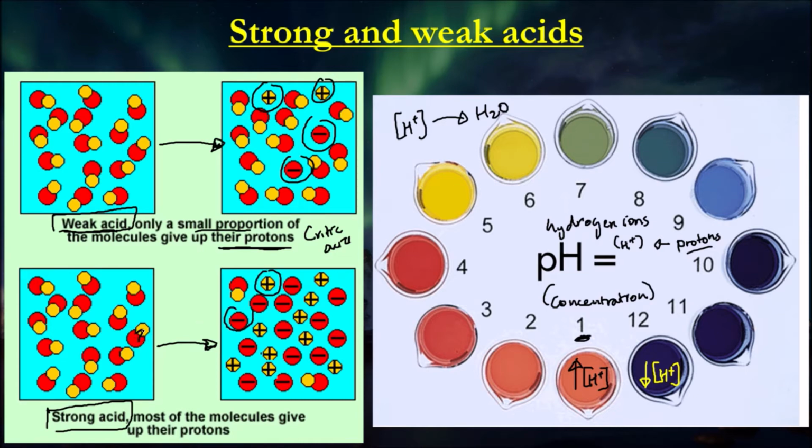So these ions that we have here, they're breaking apart and they are becoming more individualized. So if it's a strong acid, they give up most, if not all, of their protons. Okay, so that's the difference between strong and weak acid, and the difference when we say concentrated and low concentration acid as well.